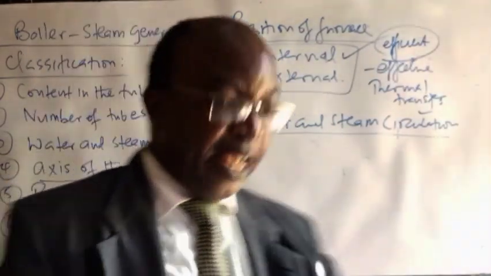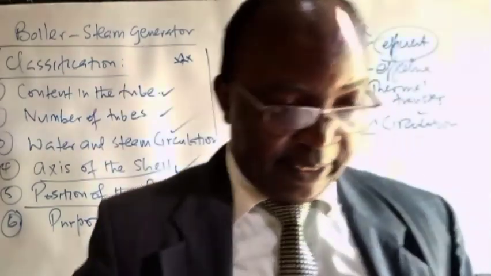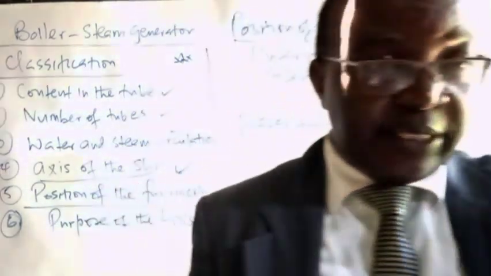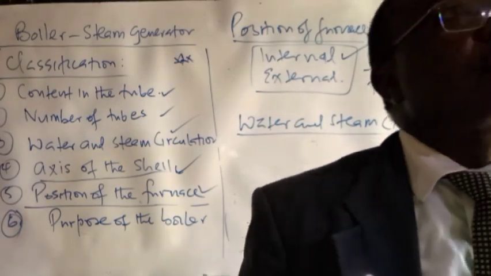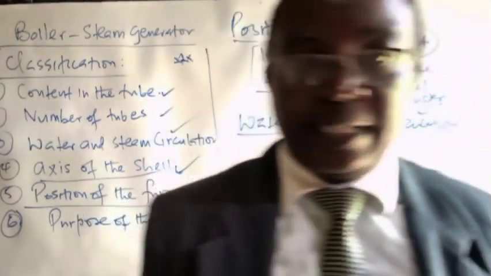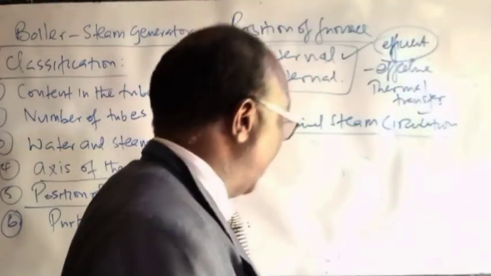Remember, we have said you are feeding water into the boiler. Then heat is exchanged, thermal transfer. The water is heated to whatever quality of steam or vapor you want it to be heated. You can adjust your system.